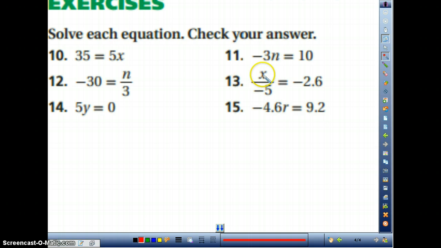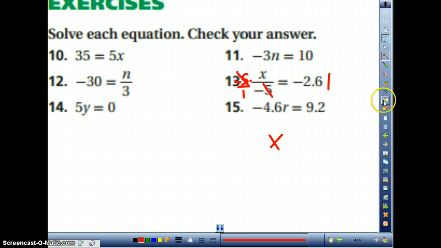On number 13, I've got x divided by negative 5. I want to know what x is. How do you undo division by negative 5? Multiply by negative 5. And what you do to one side, you must do to the other. These cancel each other out, and you're left with x equals, oh, that's a bad parenthesis. And isn't that supposed to be negative? I almost made a mistake there. I do that a lot, don't I?